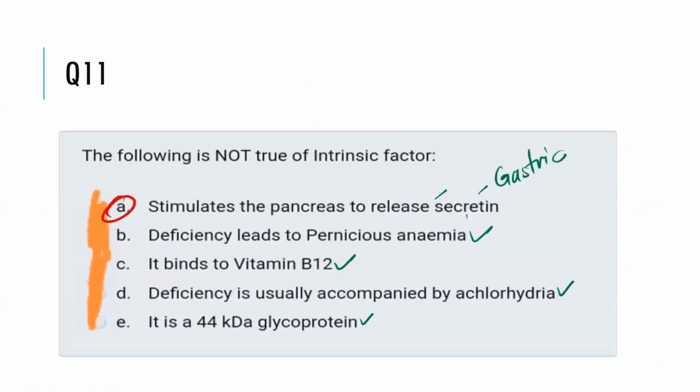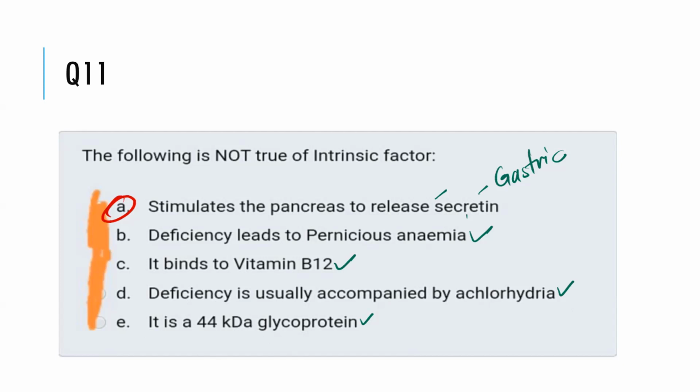For the next question, the following is not true of intrinsic factor. Let's just start with eliminating. E is true. It is a 44 kilodalton glycoprotein. Then D is also true. Deficiency is usually accompanied by achlorhydria. Achlorhydria is when there's no acid in the stomach, and it can be seen in someone who is constantly vomiting.